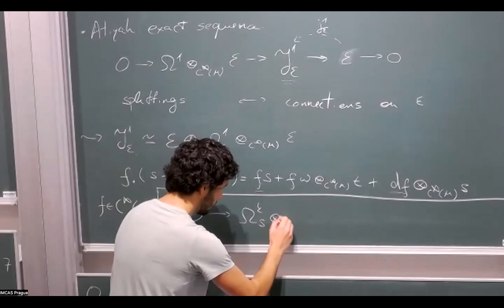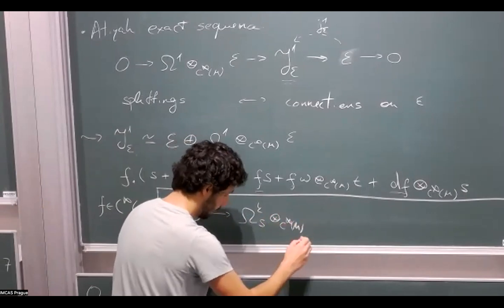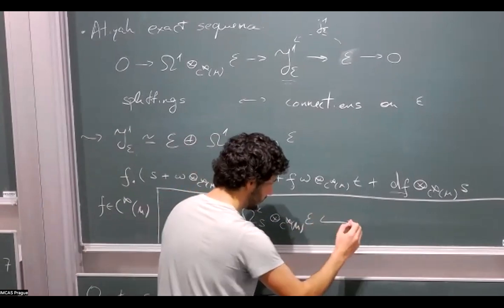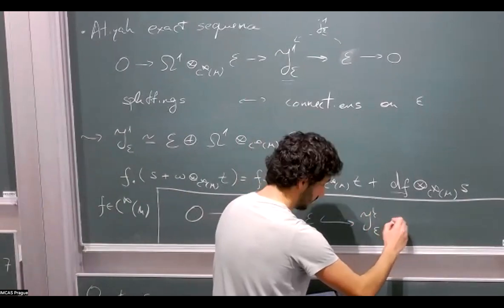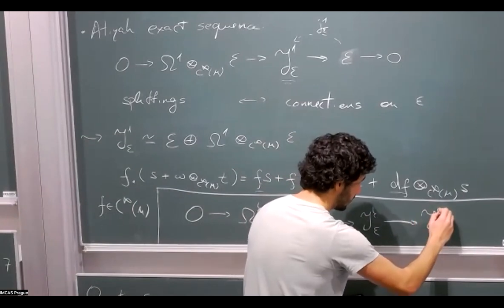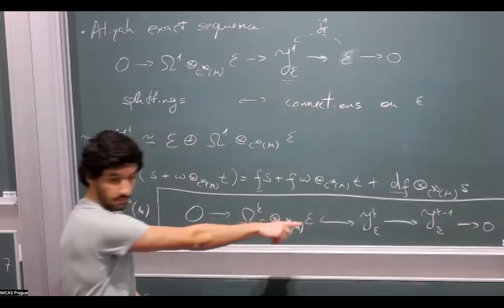This goes tensor C infinity of M and then E. This is included then in JKE, and then this can be projected down to JK minus 1 E, which goes to 0. So this is just an inclusion.